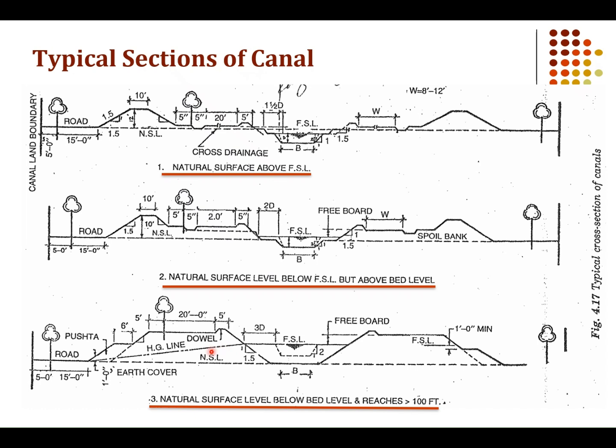So right here is the hydraulic grade line. Sometimes the hydraulic grade line cuts the bank. If it cuts the bank, then there is a chance that erosion can begin and ultimately breaching can happen. So we protect the bank with the help of an additional mass of soil, which is called pushta in our local language. This provides additional strength so that the hydraulic grade line would not cut the bank, and would cut the ground instead.